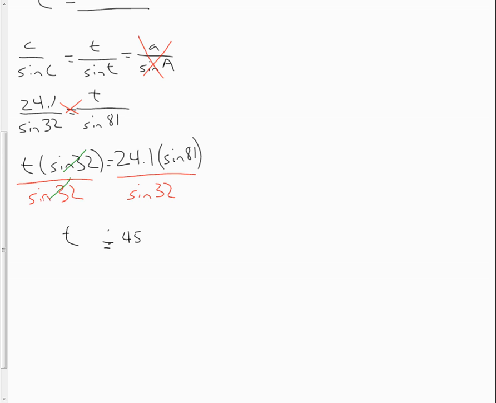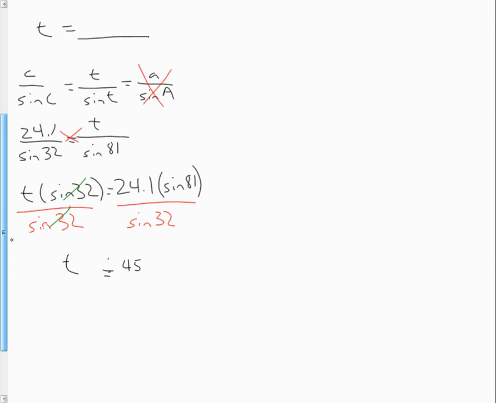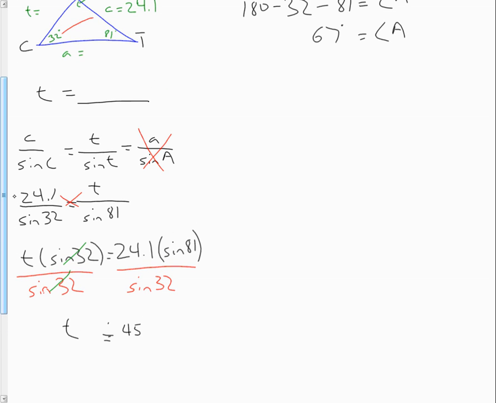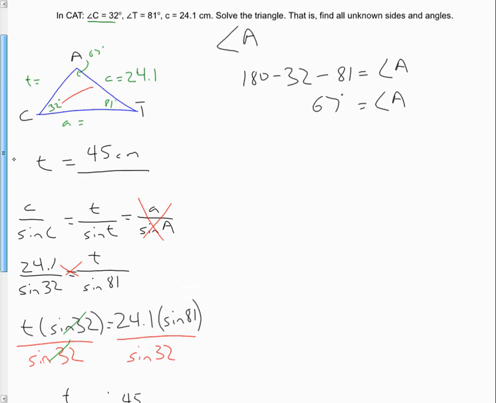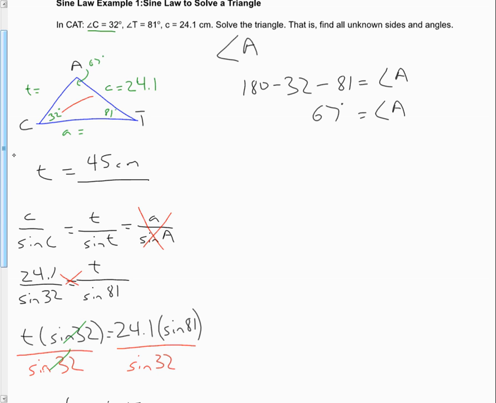So we now know that the value of t is 45 centimeters. And that means the only thing we're still missing is the length of A. So now we need to figure out the value of A. We didn't know what that was before, but now we can.